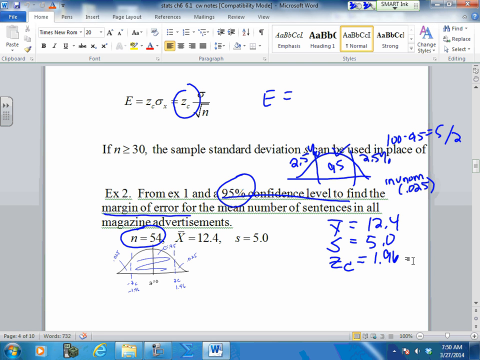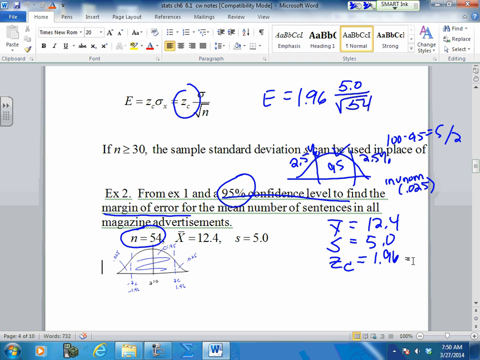Okay, so now all we have to do is plug this in. 1.96, your standard deviation, 5.0, over the square root of how many are in your sample? 54. Now, you can plug it in your calculator just like you read it. You don't need any extra parentheses.